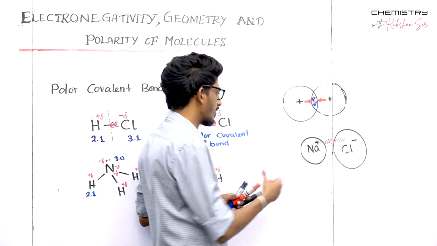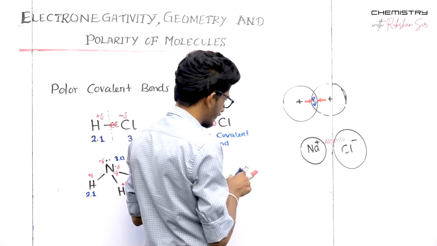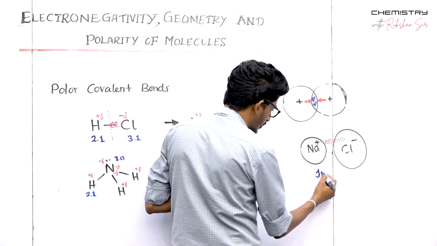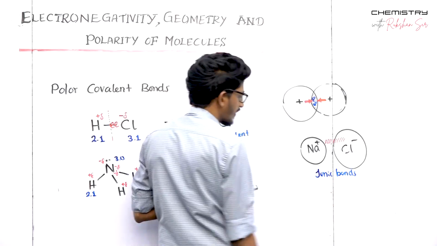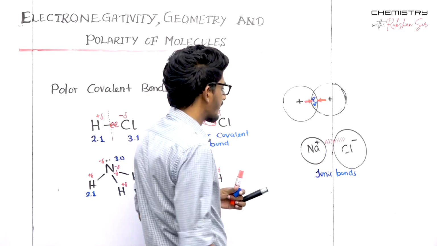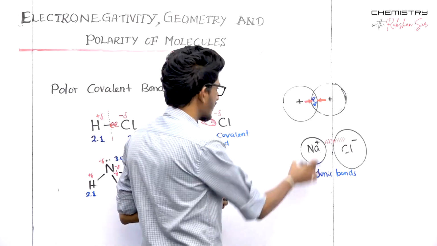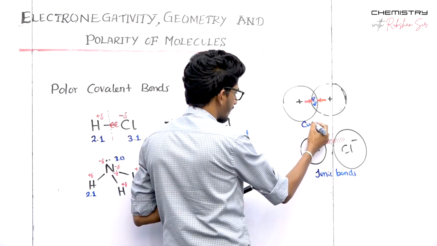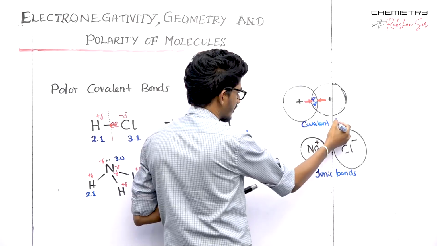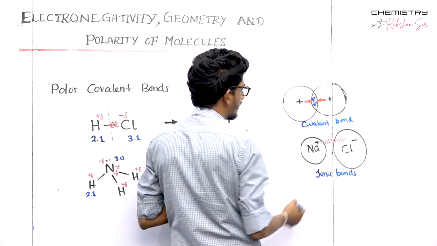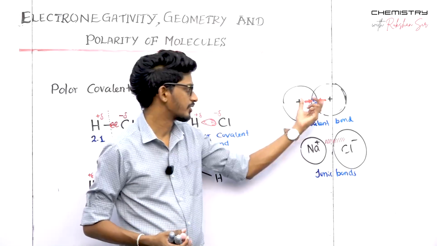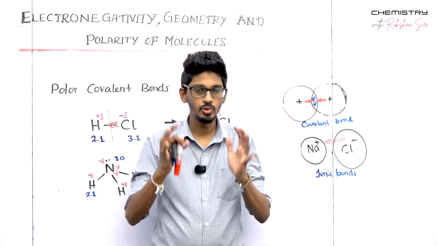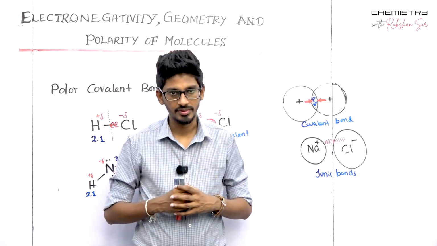That is what is referred to as the ionic bond: attraction of masses by the opposite charges. This is covalent bond: attraction of masses by the shared pair of electrons, right? Those are the major two types of primary bonds.